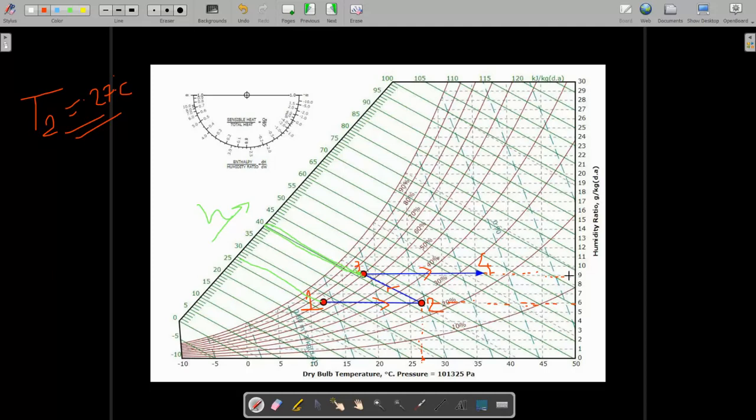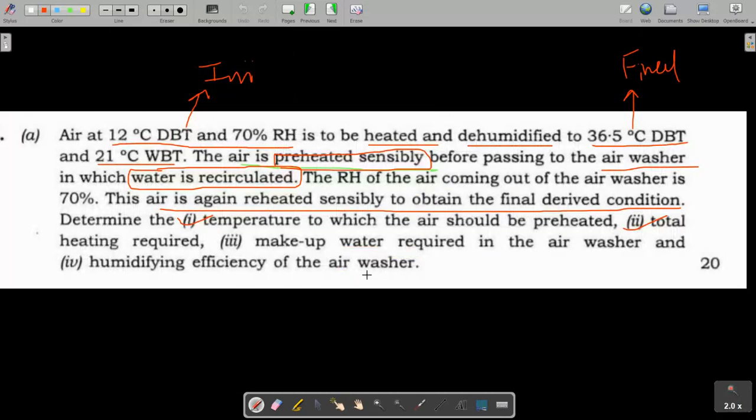That means some amount of water is absorbed by the air, and there is a property of air that if air is not saturated, then it has a tendency to go up to the saturation point. So when you pass the air through the air washer, the air will absorb some moisture.